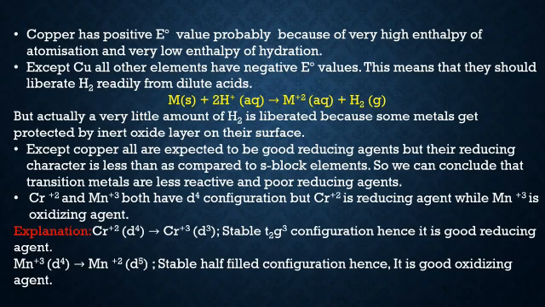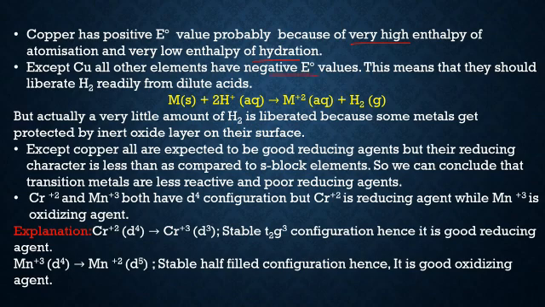Now, the second point to note down is that copper has a positive E naught value. You can see that the only positive value is for copper. The reason is that its enthalpy of atomization is very high and the enthalpy of hydration is very low. Hence it has a positive E naught value. Except copper, all the other elements have negative E naught values.